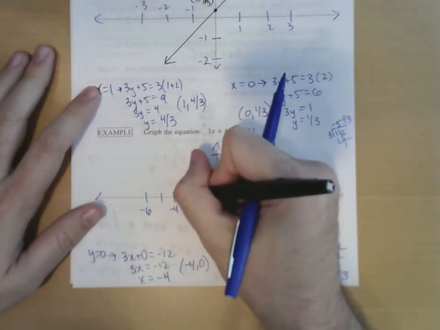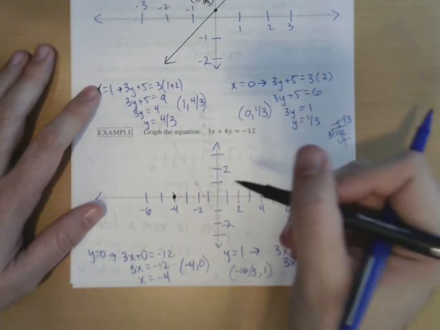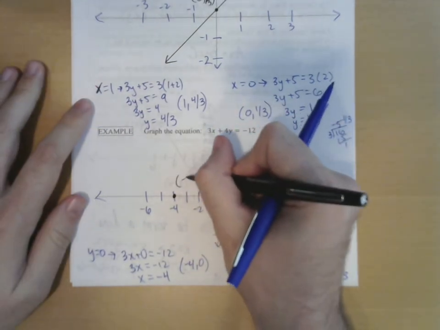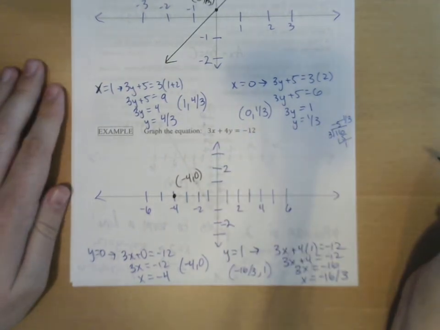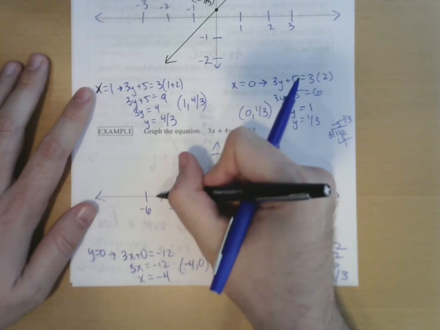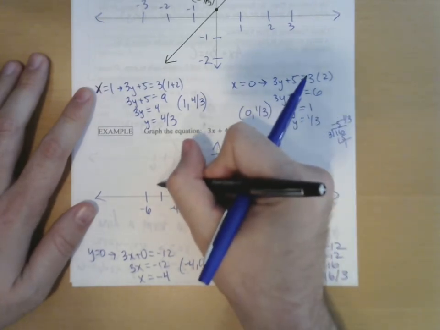So -4, 0 is right here. So I'll write that in, label it. And then -16 thirds, which is -5 1/3, comma 1, that's going to be about right here.